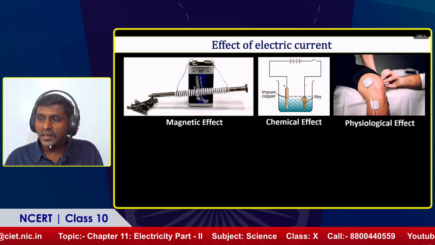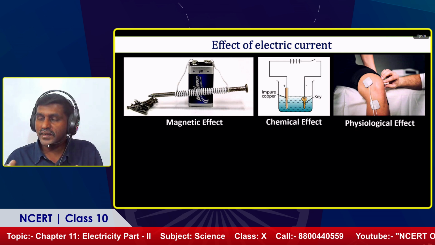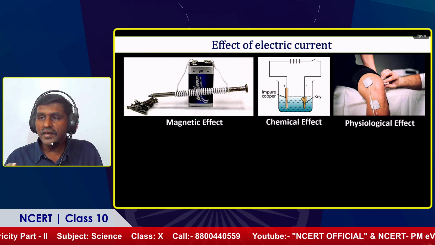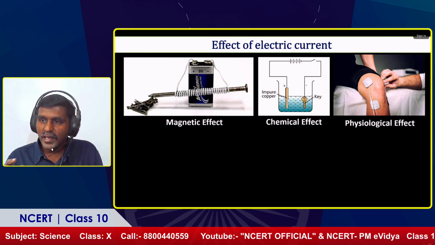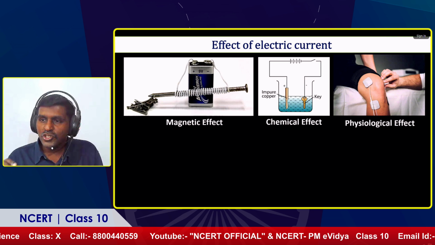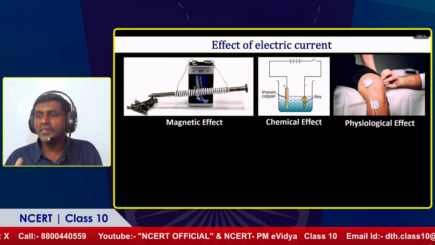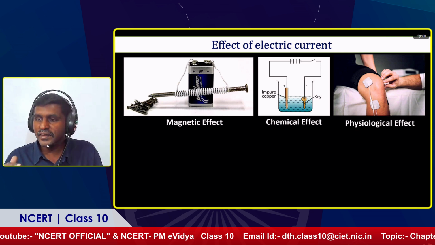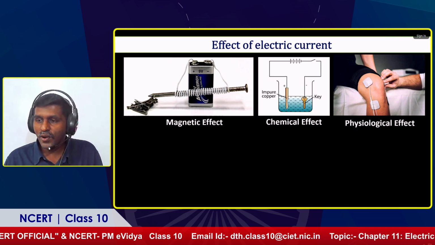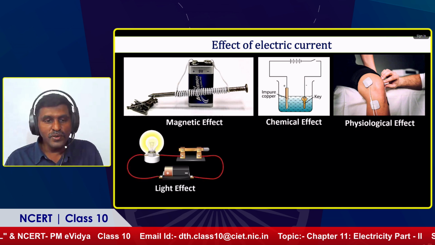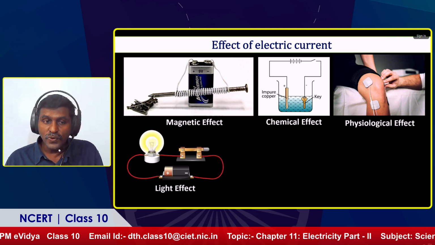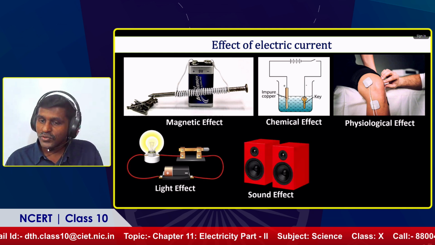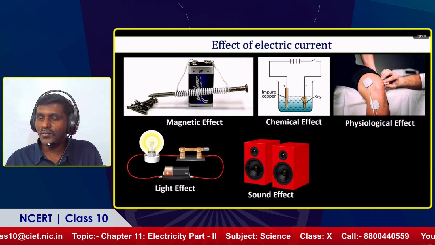Then, if using some devices, electric signals are injected into our bodies and applied to the tissues, we study the biological, physiological changes inside the body. That type of effect is called the physiological effect. Similarly, if current flows through a bulb, it produces light. So that is the light effect. If current is passed through a speaker, it is converted into sound.